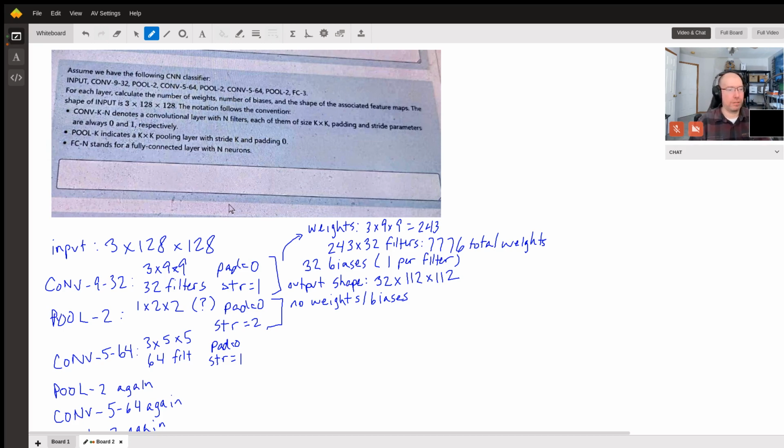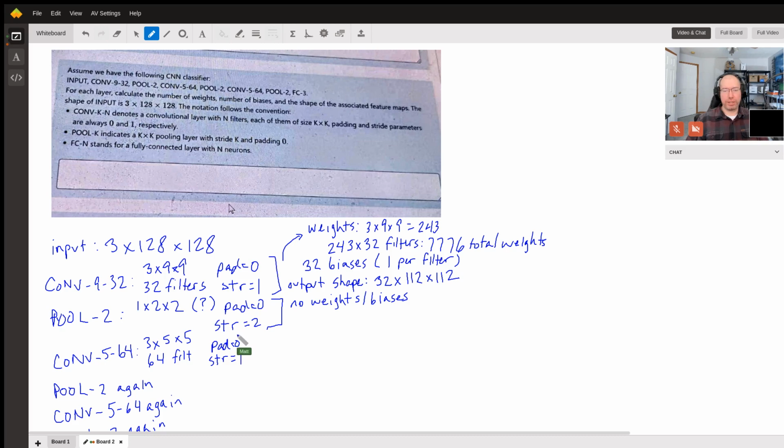Yeah, I don't think there's. Let me just double check. Okay, that's what I thought. Yeah, no weights or biases on a pooling layer. I just wanted to make sure that PyTorch didn't do anything weird in that respect, where it had optional ways to add stuff to those layers. All right, so no weights or biases.